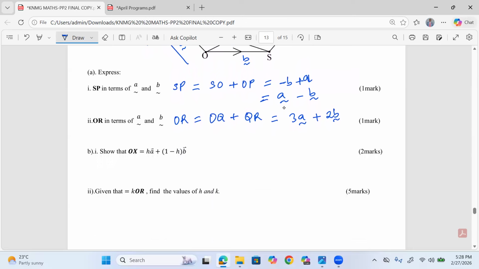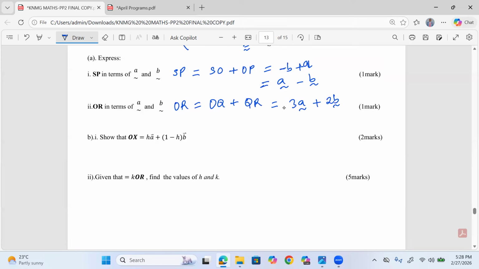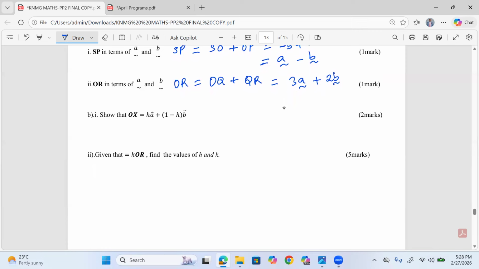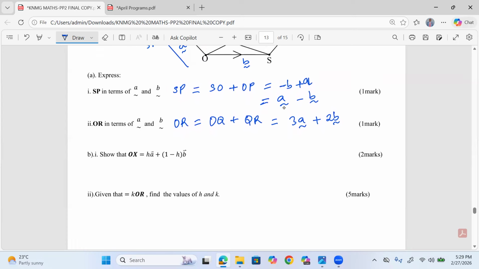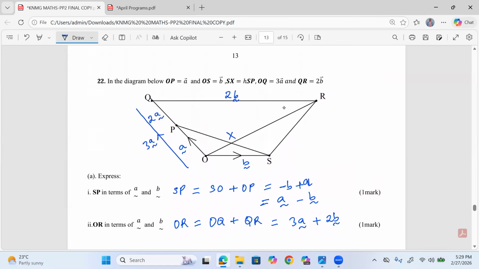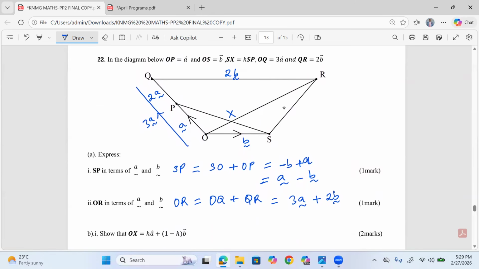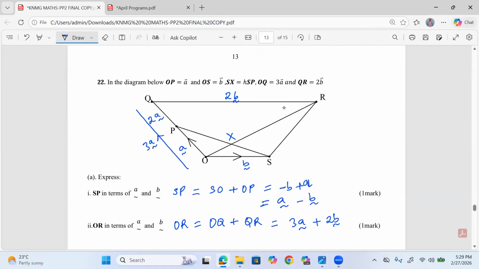In part B, Roman 1, we are told to show that vector OX is equal to H vector A plus 1 minus H vector B. So we want to express vector OX using the expression which was having constant H, and this is it.